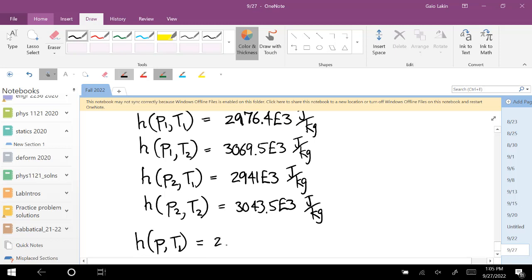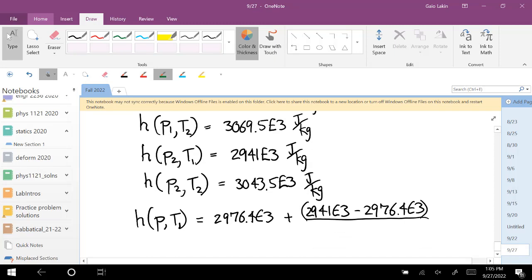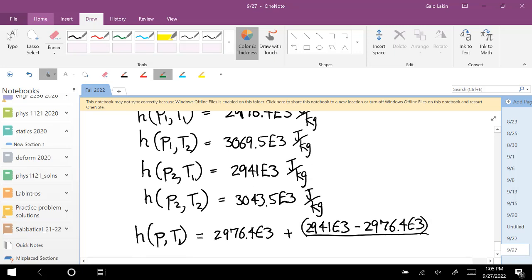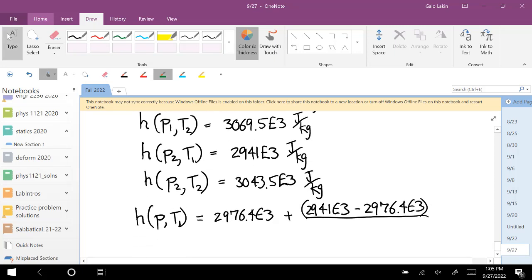So that's 2976.4 times 10 to the third plus 2941 times 10 to the third minus 2976.4 times 10 to the third, divided by pressure 2 minus pressure 1.